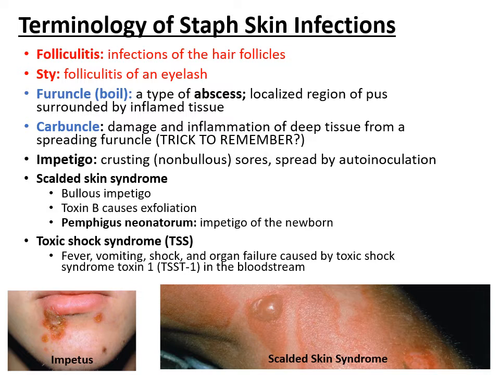So always be very careful, the female students, when you are dealing with anything like tampon usage, because as we go over in medical micro, it's very easy for that to trigger toxic shock, septic, staph infections, because think about it.